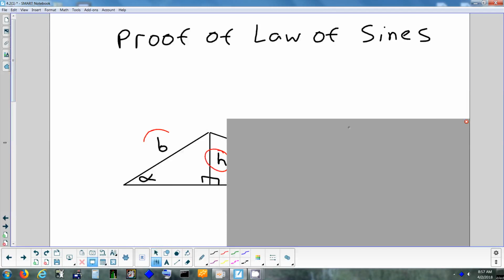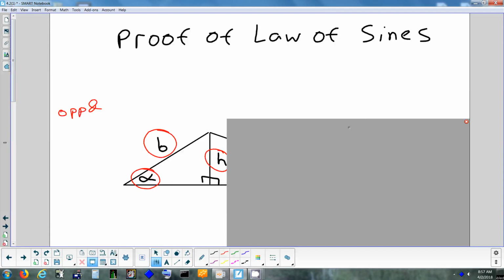I've got H and B. If you're standing right there, from the perspective of that spot, what's the name of the side that's labeled H? Is that opposite, adjacent, or hypotenuse? The side that's labeled H. Opposite. So we have opposite.